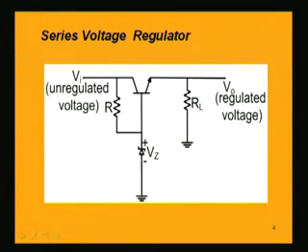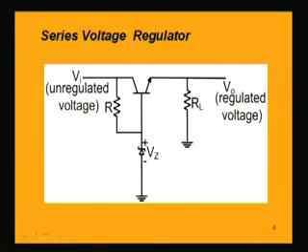Now what is happening in this circuit is that we have an unregulated voltage at the input Vi. It may vary. The unregulated voltage means that the supply voltage, which is the AC voltage, can vary, and we want the output voltage to stay at a constant level.